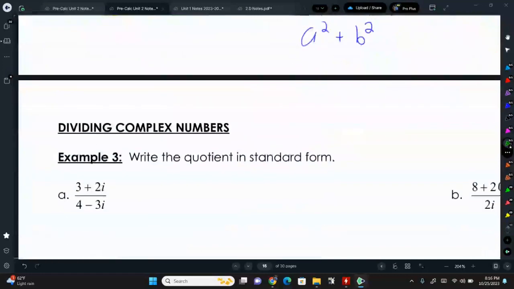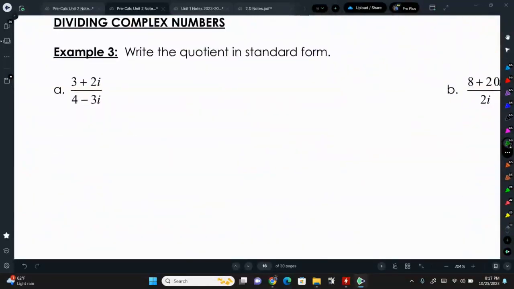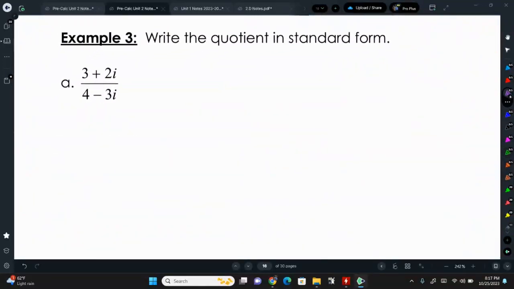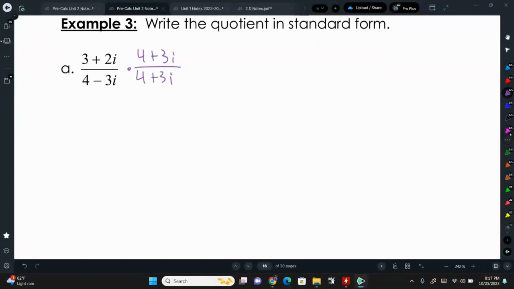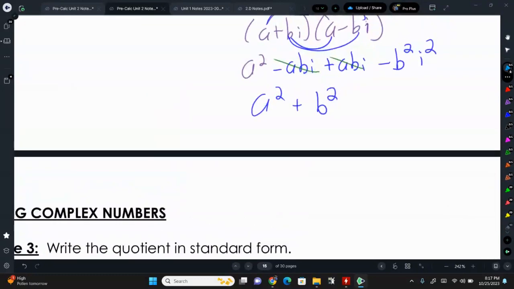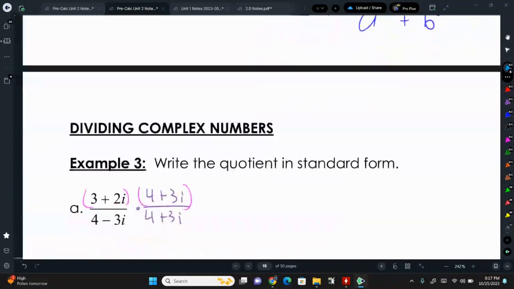So on the next page, we're going to be dividing complex numbers. And again, when we divide complex numbers, we're going to multiply the top and bottom by the conjugate of the bottom. So in the numerator, we are going to have to FOIL the numerator. But in the denominator, we can use what we did back here, a squared plus b squared.